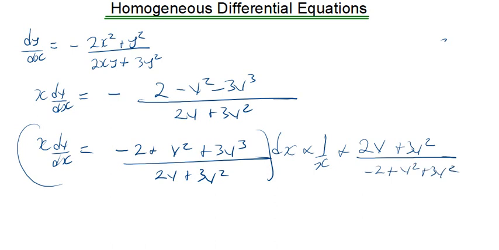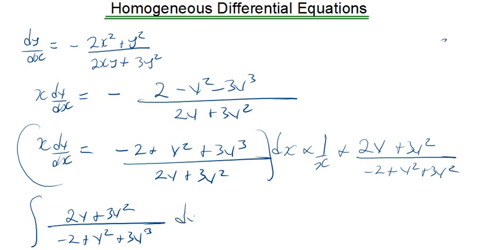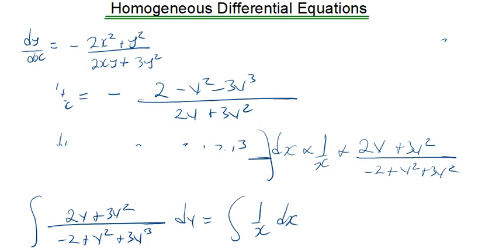So this just turns out to be the integral of 2v plus 3v squared divided by minus 2 plus v squared plus 3v to the power 3, dv, equals, so we only have 1 over x dx on the other side. Now, how does this end up?